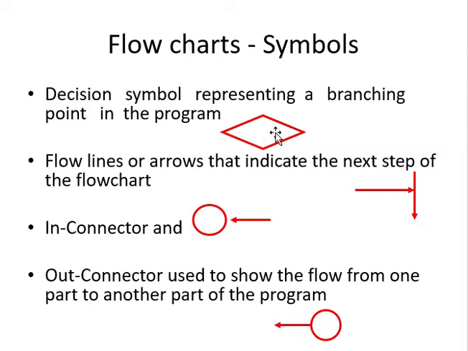So yes or no, it gives the decision in the decision symbol. Flowchart arrows indicate the next step of the flowchart. For the in connector and out connector we use this circle symbol, used to show the flow from one part to another part of the program.